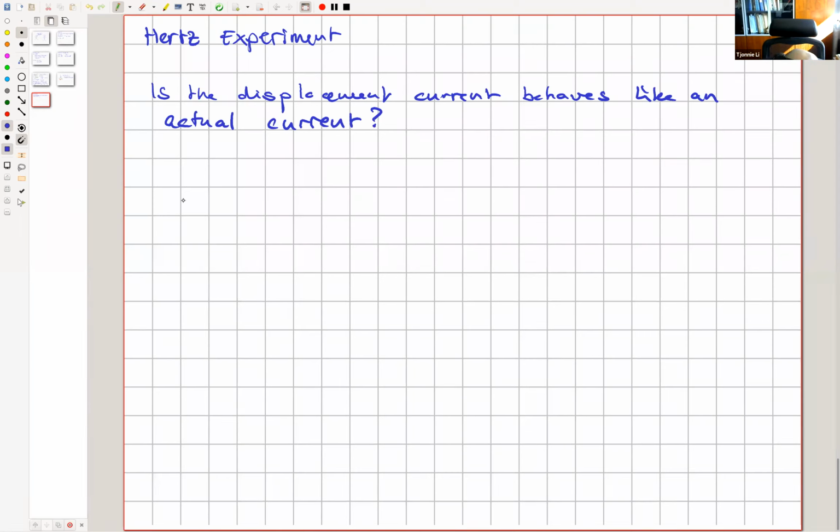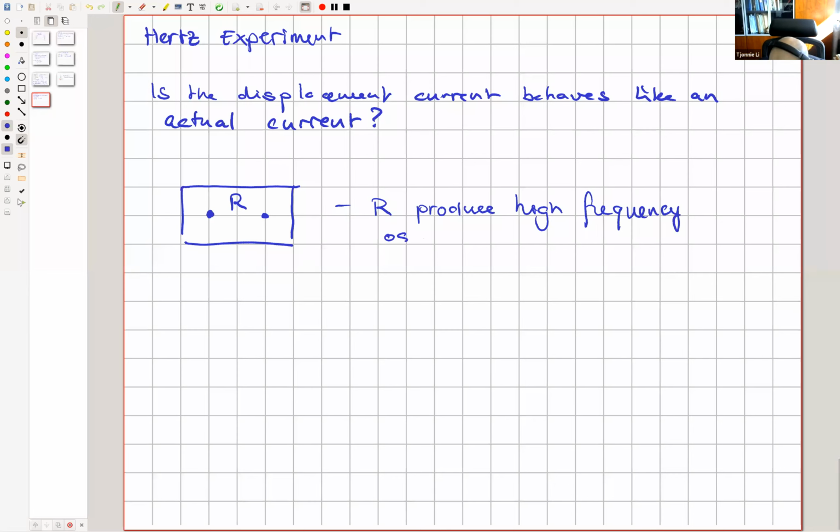I'm not going to go too much into detail, but let's assume that there's this box over here, let's call this R, which is able to produce a high frequency oscillating voltage.